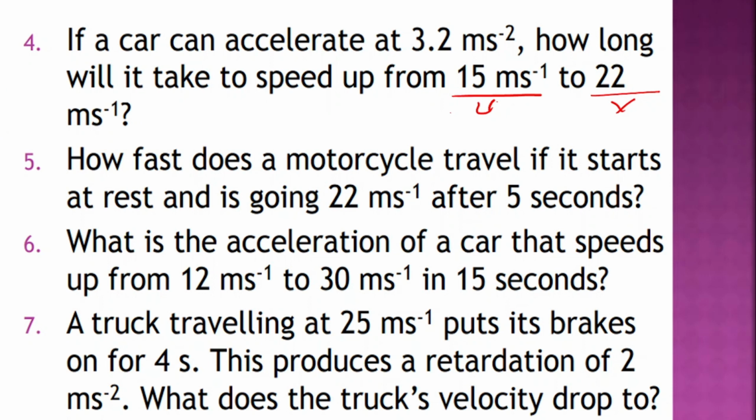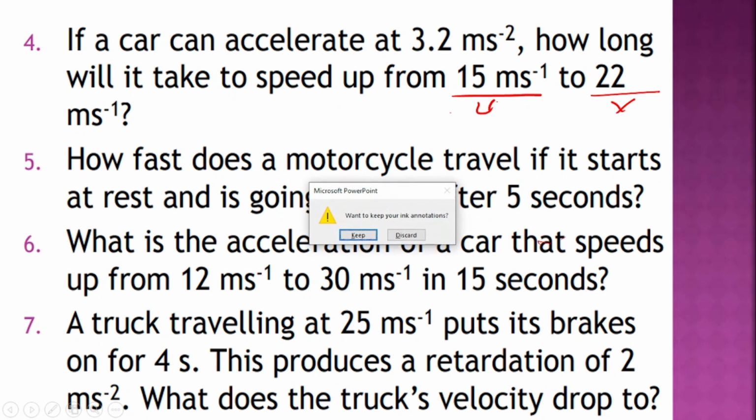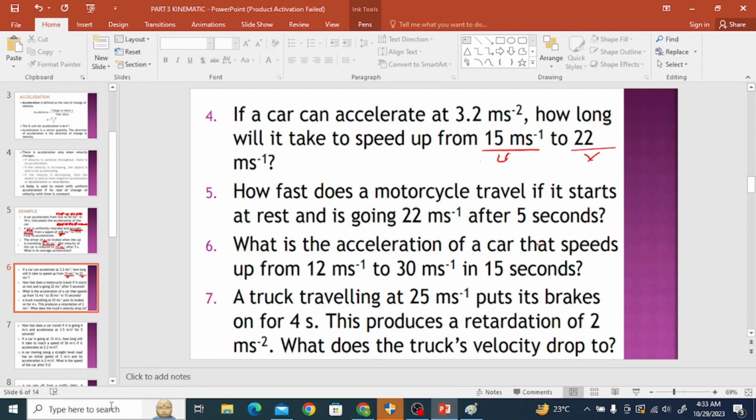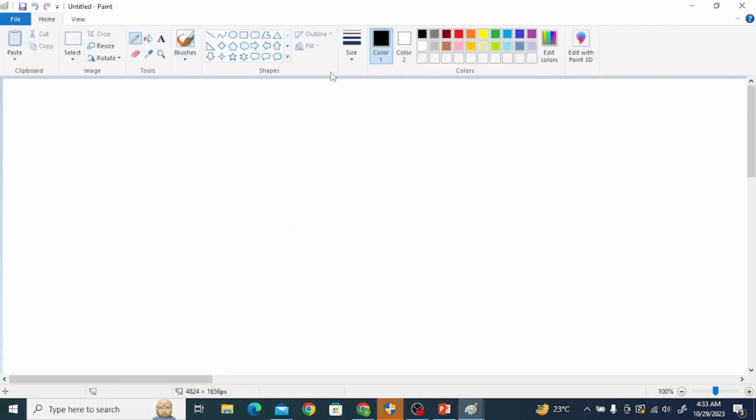So using the formula of acceleration, you can solve it by the same formula, that is delta v upon t. Initial velocity is 15, final velocity is 22, and acceleration is 3.2. And we have to find the duration of the time interval, that is how long it will take.